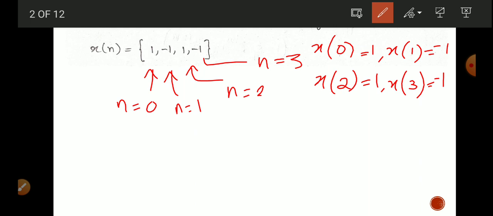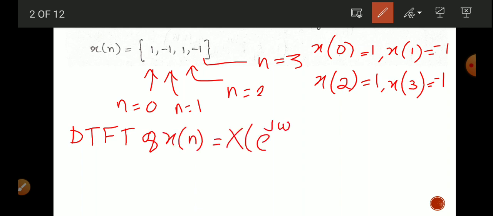We know the general equation to find the discrete time Fourier transform is X of e raised to j omega. We can write discrete time Fourier transform of x of n equal to X of e raised to j omega.